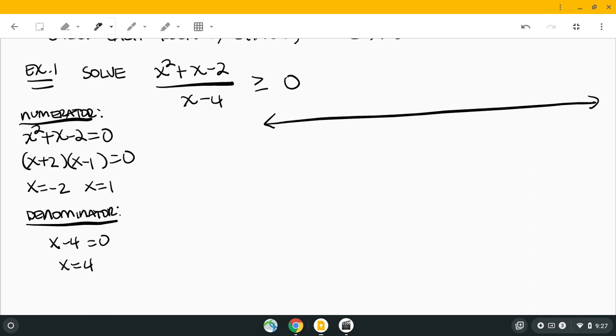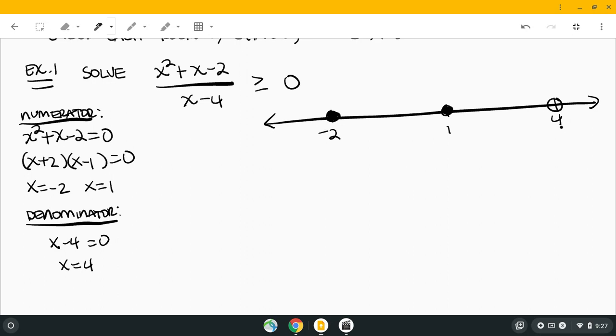All right, so we have one at negative 2. And since this is greater than or equal, this will be a closed circle. We have one at 1, closed circle. But the one at 4 comes from the denominator, and that will never be a closed circle.